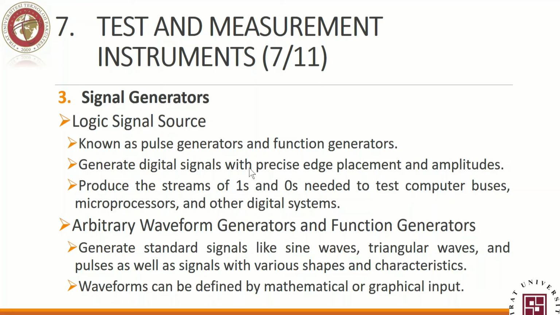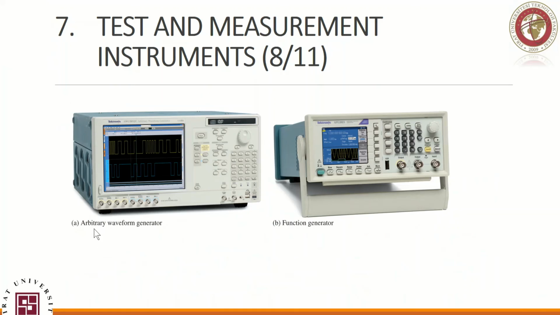So we have a logic signal source, that's a series of ones and zeros. Or it could be an arbitrary waveform generator. We have different types of waveforms and functions. They could be triangle, sine waves, or pulses. Also you can feed a mathematical equation to create a waveform for you. That's why they call it arbitrary.